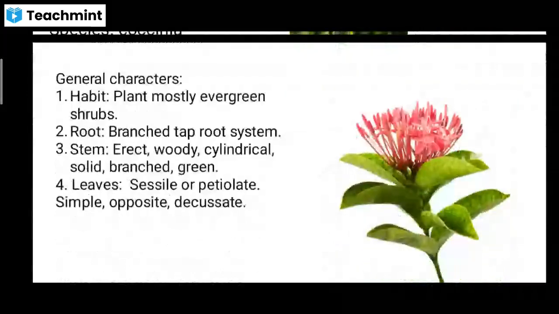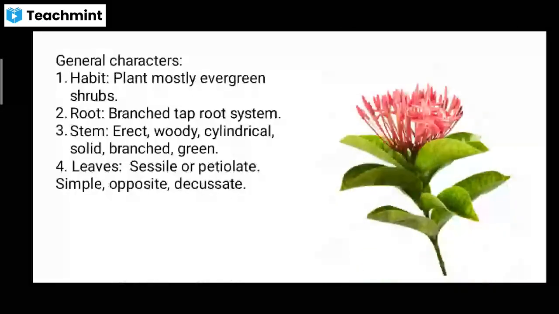So next is about the general characters of this Ixora. Its habit is evergreen shrubby plants, and the roots are branched taproot system. Then the stem is always erect, woody, cylindrical, solid, branched, and green in color. You can see in the picture.